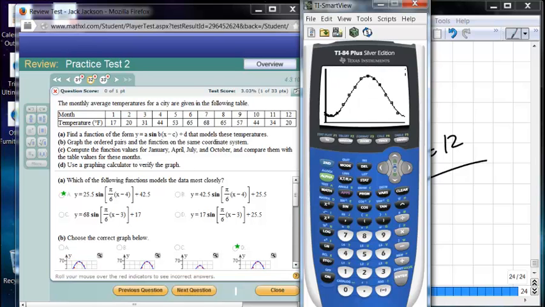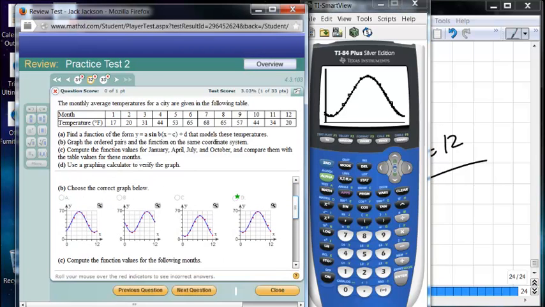So here's the dark line. How does that look? Well, it also looks pretty darn good. Okay, and so which one of these is the graph? Yeah, D is the graph there.